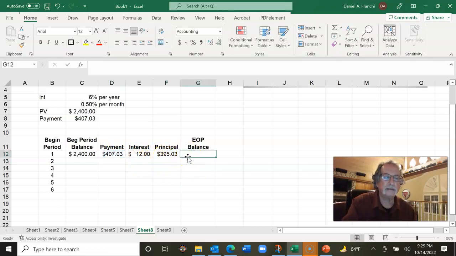And then our ending balance is going to be the beginning balance minus the amount we're paying on the loan. Bingo.